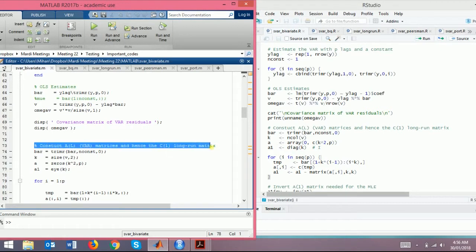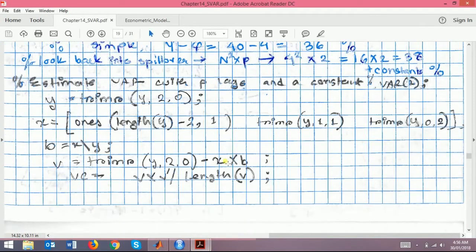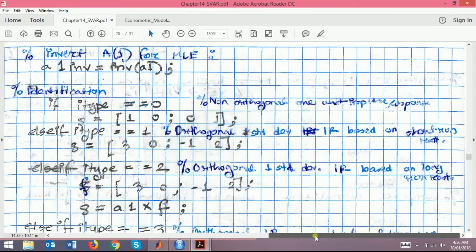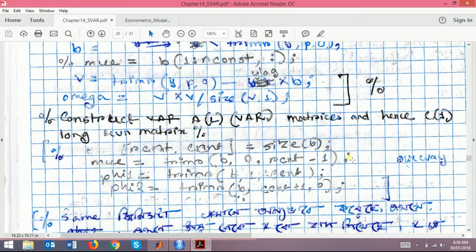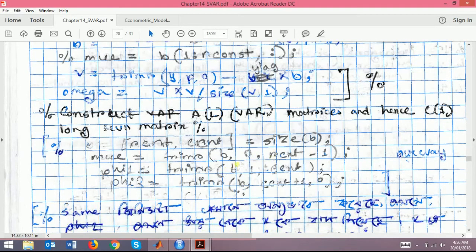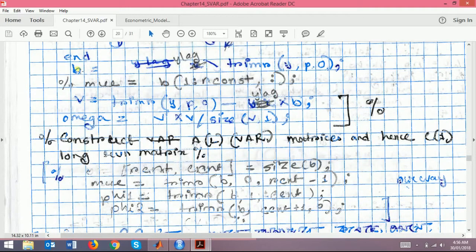So how did we construct the phi1L matrices? How did we construct the phi1L matrix before, in the last chapter? It's always good to look back to the last chapter. You see, in the last chapter we did row count and set the size of our coefficient, and mu was first.